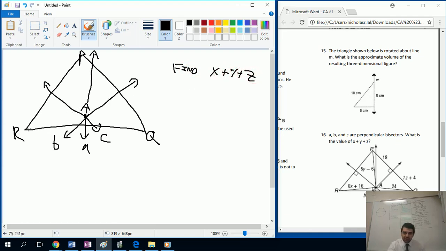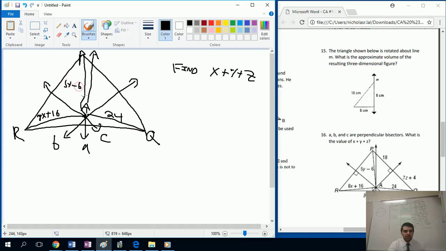This value right here, RA, that's 8x plus 16. This value, AQ, is going to be equal to 24. This value, PA, that's going to be 5y minus 6.